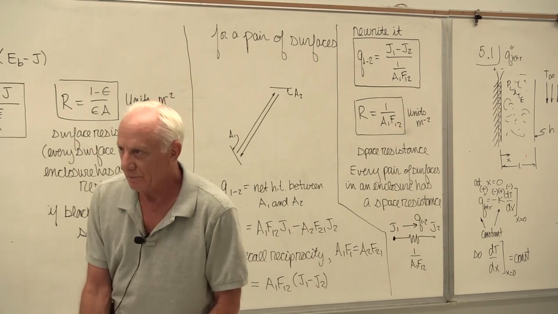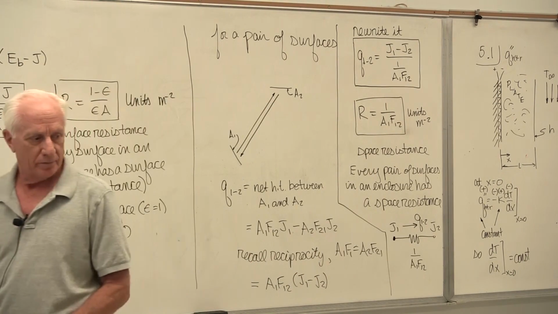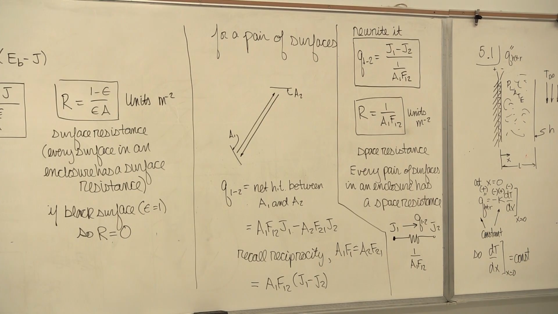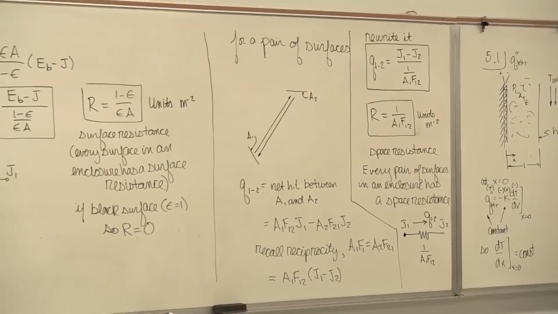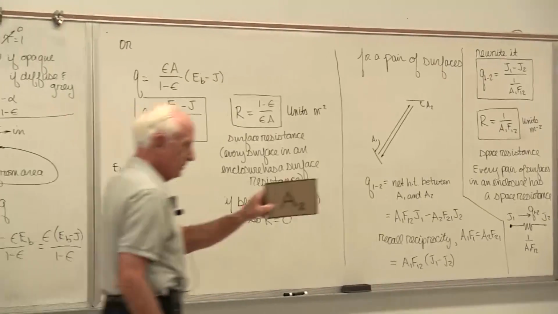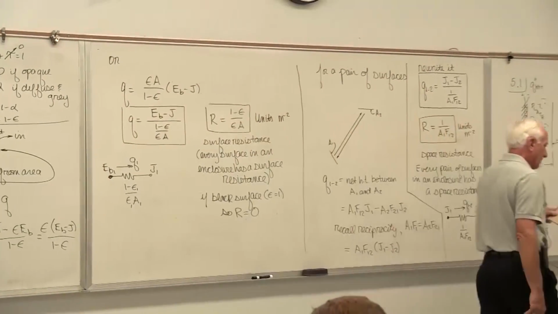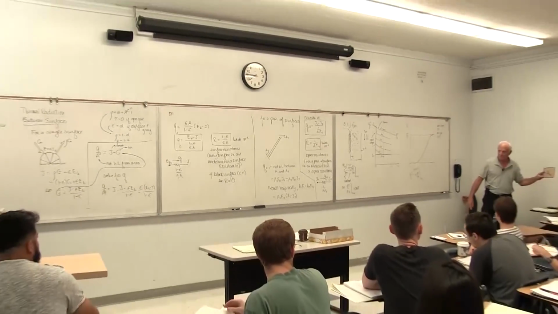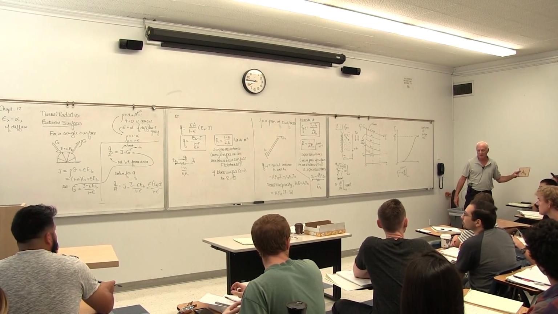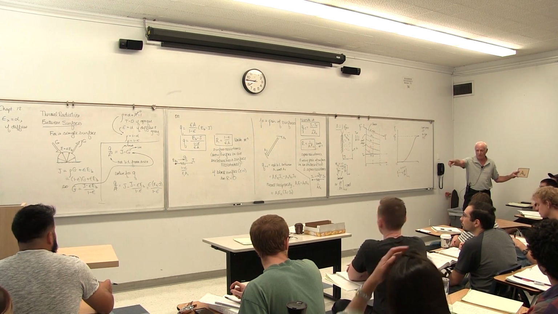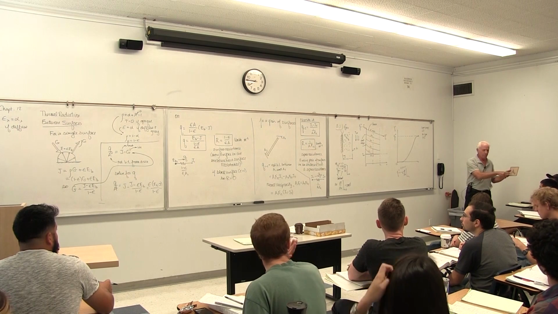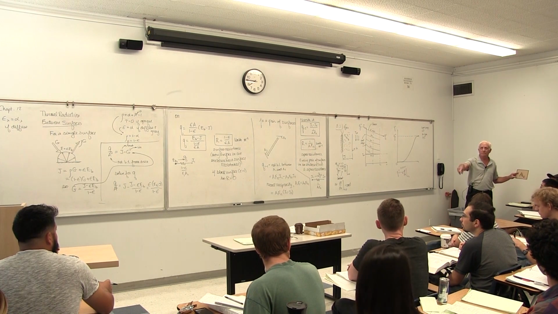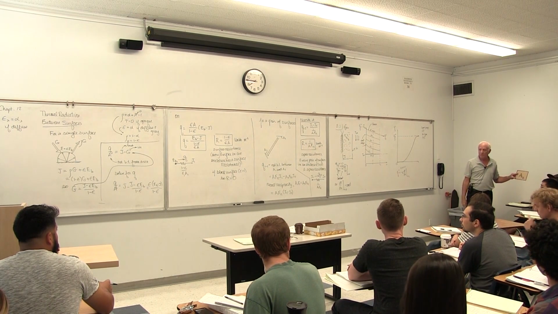So, there's A1. I'll put A1 right there. And there's A2. If I want to find F12, it's got to be less than a couple percent, because of the radiation leaving A1, very little of it is going to get to here. Most of it is going to go to the ceiling, the floor, the back wall, the front wall.